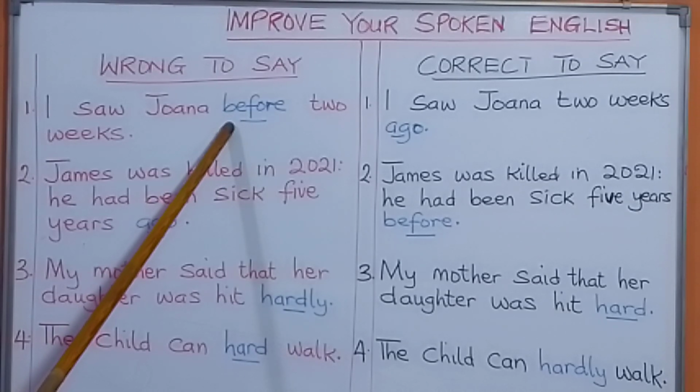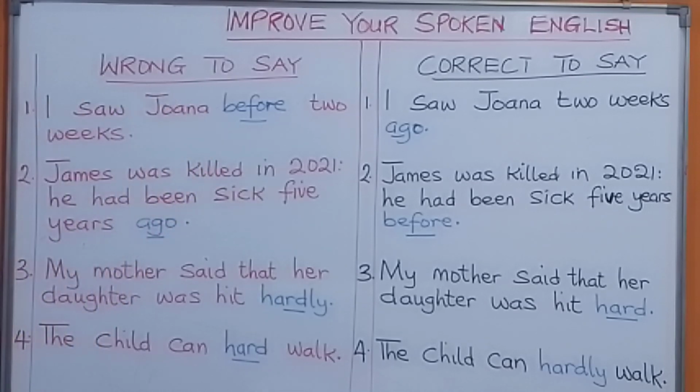For example, if you say, my brother was hit in 2018, but he had been sick 5 years before. Remember, all in the past. My brother was hit, had an accident, in 2018.